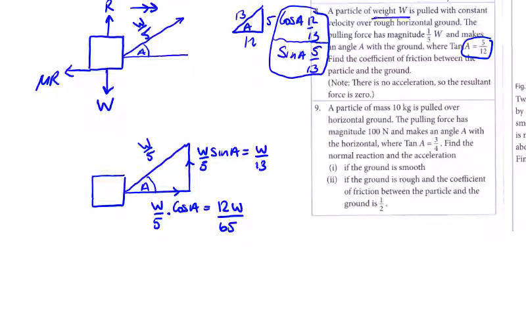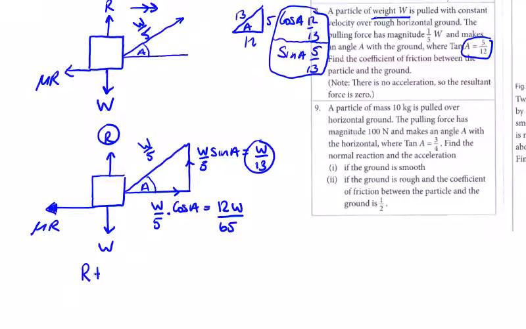And we're told the weight here, not the mass, so I'm going to have W going down this way. I'm going to have my reaction force going up. I'm going to have my ground here and my mu R. Okay, so the forces that I have going on: going up, I have R and W/13.